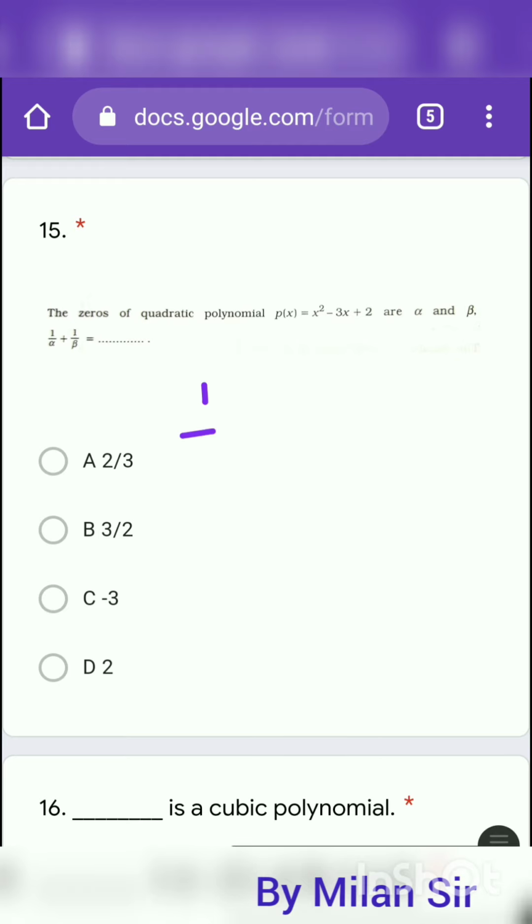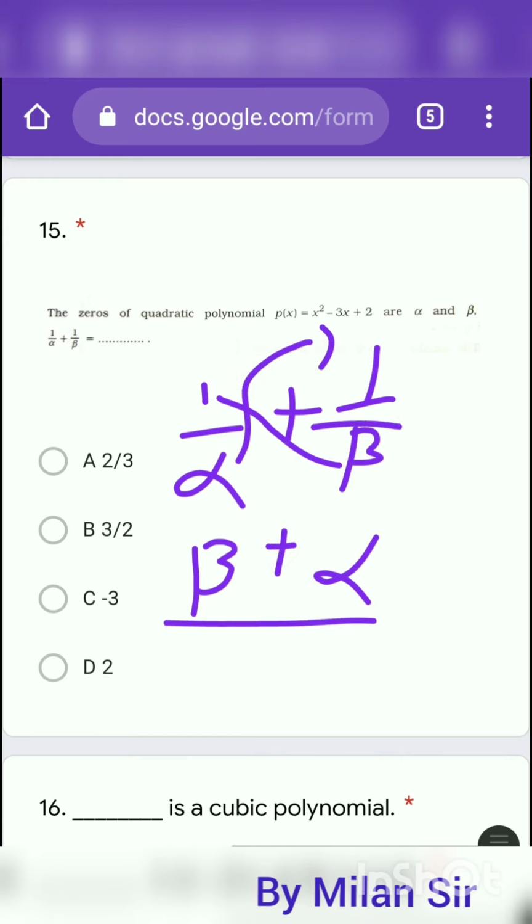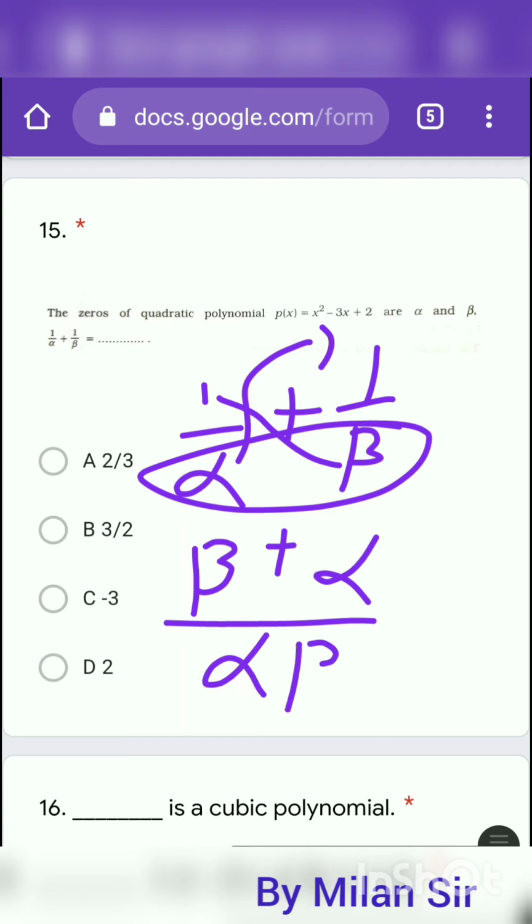Otherwise, just simplify this 1 upon alpha plus 1 upon beta and take the LCM. So here beta, here plus alpha, and in the denominator multiplication of alpha into beta.